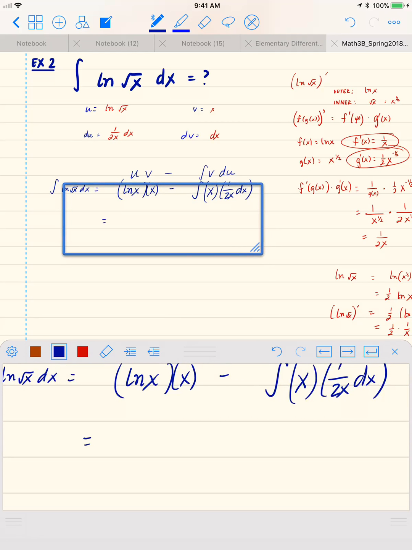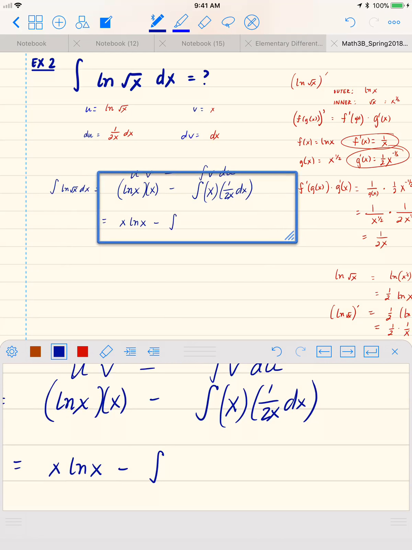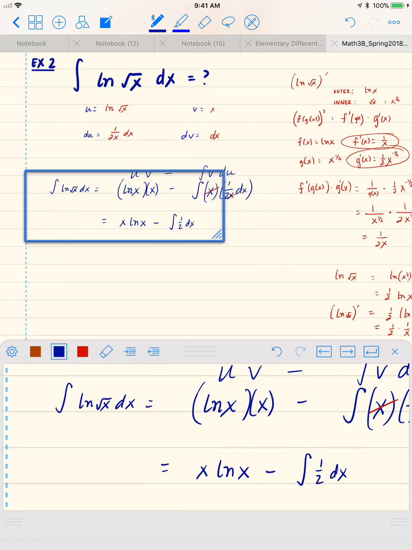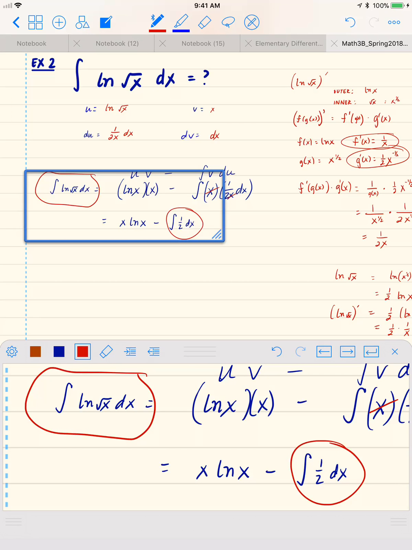So, rewriting, we'll get x natural log of square root of x minus the integral of, the x in the top and the x in the denominator will cancel out. And we'll just have the integral of 1/2 dx, which is not that bad compared to the original integral that we needed to evaluate.